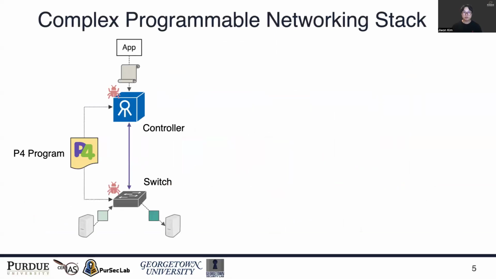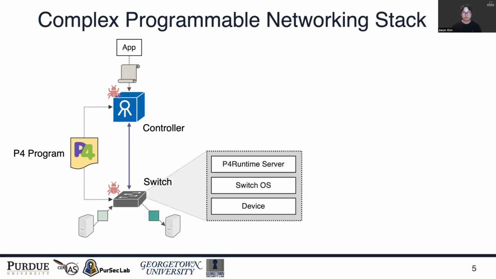Moreover, P4 infrastructure consists of a complex programmable networking stack. For example, the switch includes at least 3 layers. From the bottom to the top, there could be a device implementation, a switch operating system, and a server to receive P4 protocol messages.